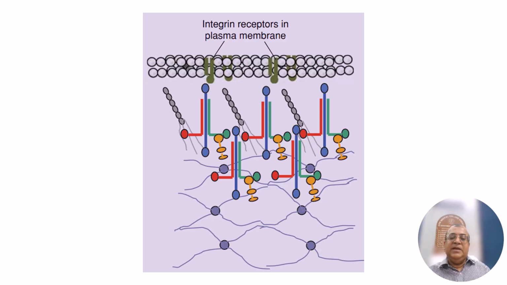This illustration shows the interaction between integrin and laminin in the plasma membrane and the extracellular matrix. It is a crucial communication bridge between cells and their environment. The plasma membrane is shown here with integrin receptors, and these integrin receptors are binding with underlying laminin.